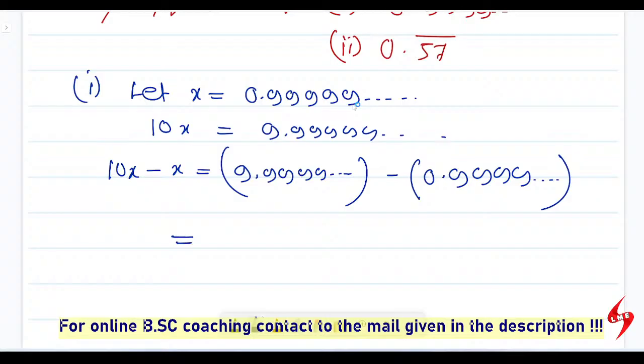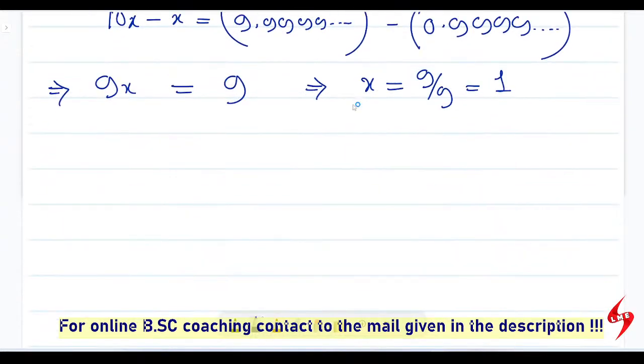So the decimal part will be deleted, that will be 9, and here will be 9x. So x is 9 by 9, it will be 1. This is the standard form.